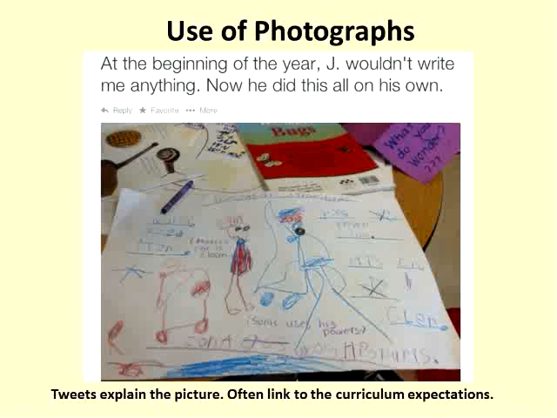He was struggling with his 4-letter name, and he didn't want to write me anything. Now we're at the end of October, and this is what he's written me on his own. So not only could I take a picture of that, but I could look back and see how much growth there's been.